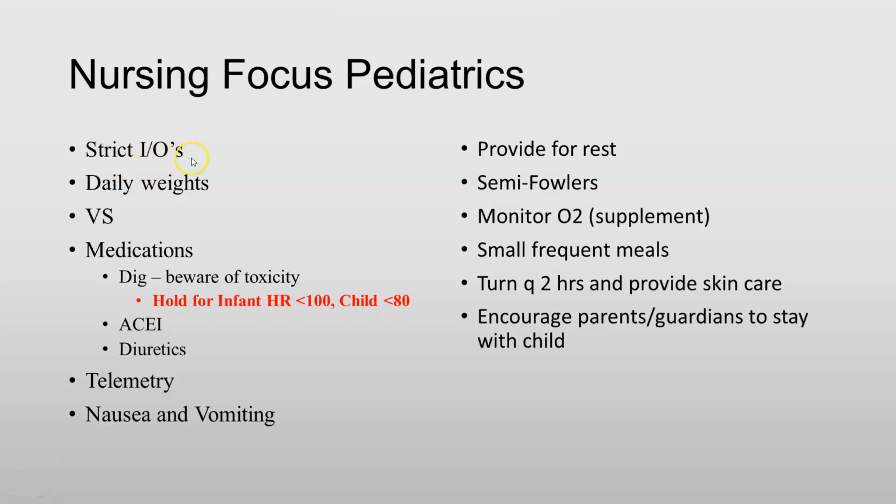So strict I's and O's. What goes in must come out. Daily weights. Again, daily weights will be a dry weight. Usually, again, it's the same. It should be performed at the same time each day. Observe our vital signs. Make sure that we're looking at our medication.